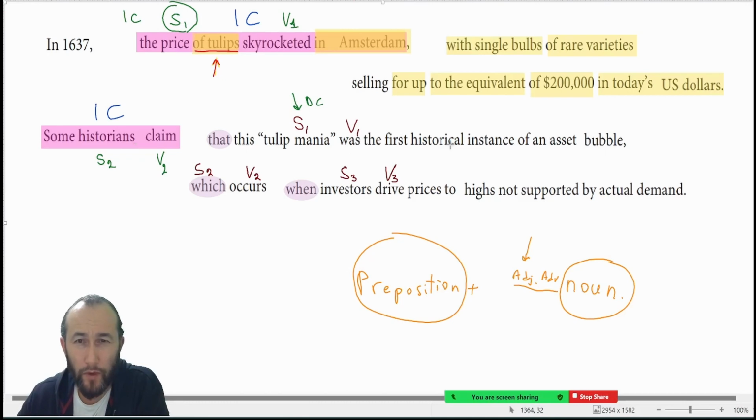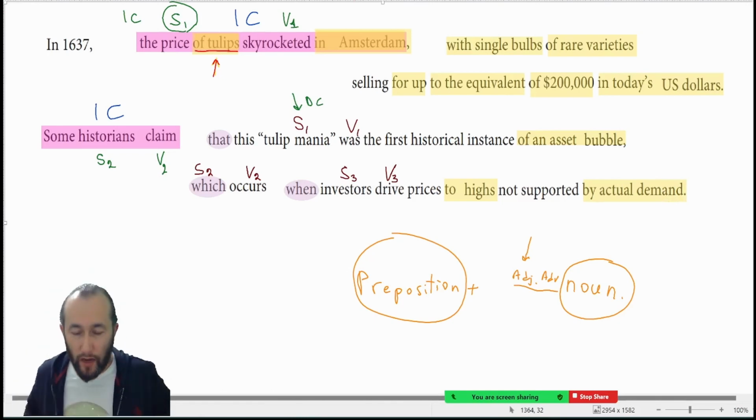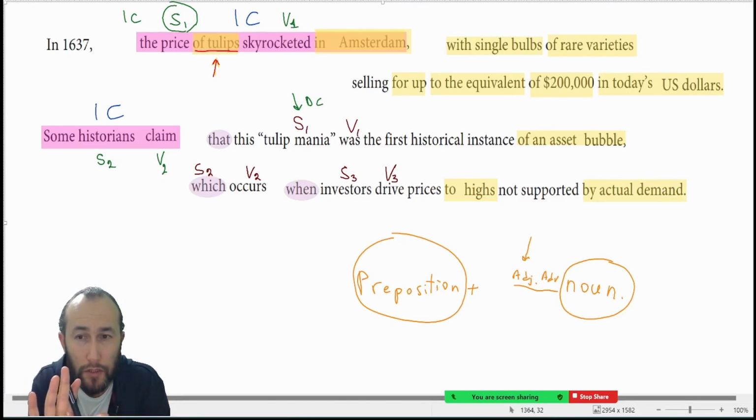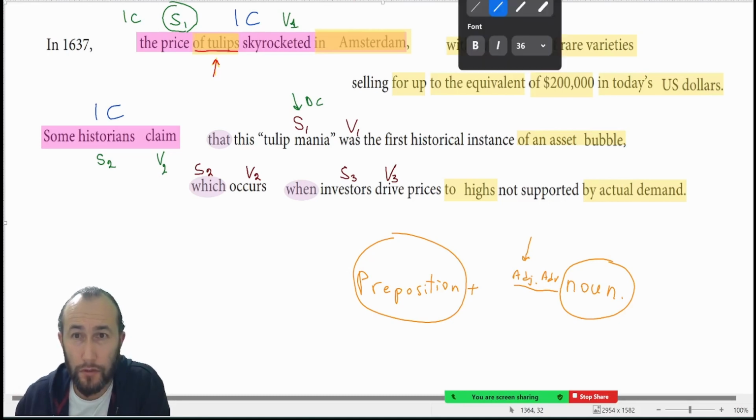Tulip mania was the first historical instance of an asset bubble, which occurs when investors drive prices to highs not supported by actual demand. So these yellow colors that I've highlighted, guys, are prepositional phrases, and they cannot be subjects because they have nouns.